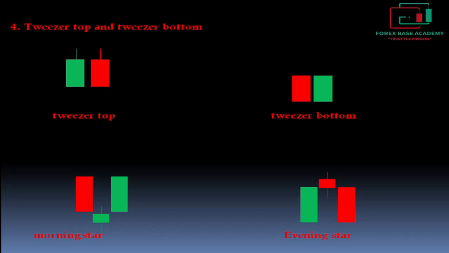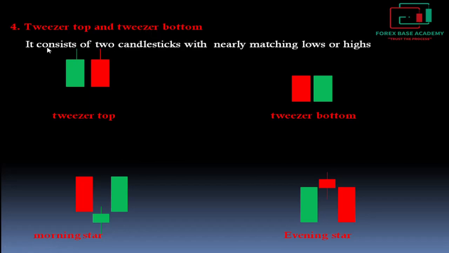Next, or number 4, we have the tweezer bottom and tweezer tops. When we see these types of patterns, they have 2 candlesticks with nearly matching lows and highs. What do I mean?